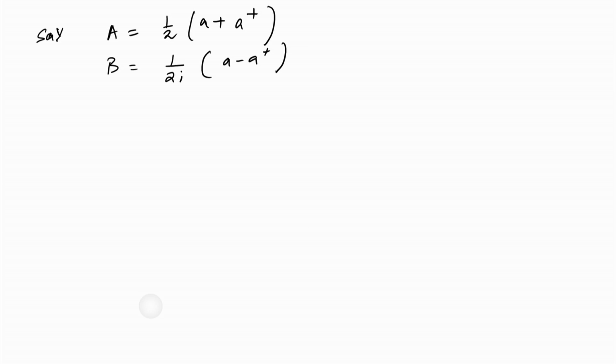These are our x and p, which apply to two canonically conjugate variables. If I take the A, B commutator, it has a value which is i over 2. So it is very clear that C is a constant here.